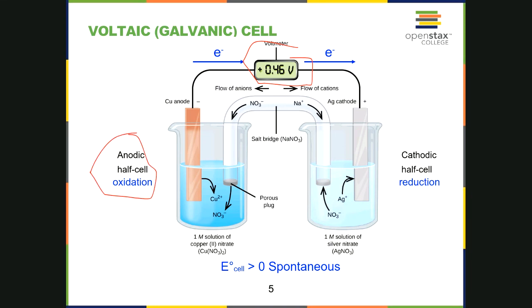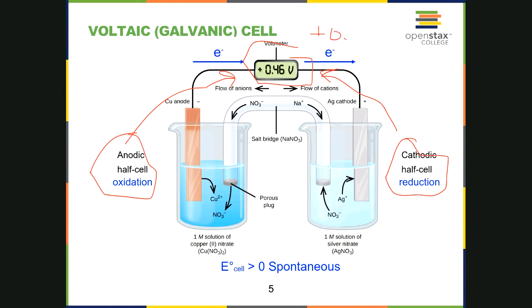Part of that is being caused by what the anode is made of. But it's also being caused by what the cathode is made from. So for the anode, we have the copper, and for the cathode, we have silver. And we don't know how much the copper and the silver are contributing to that number of positive 0.46.